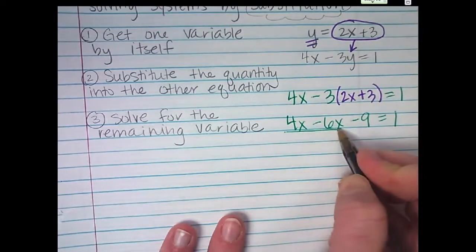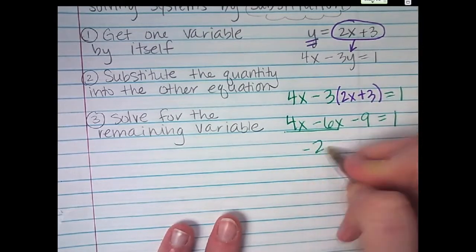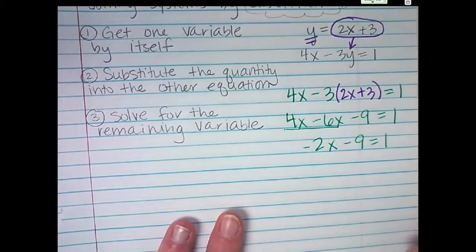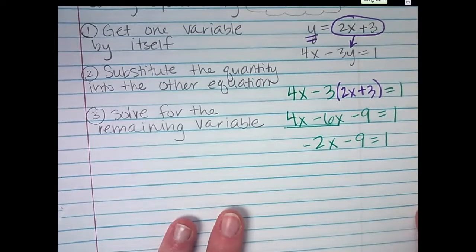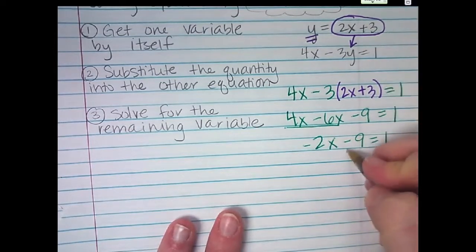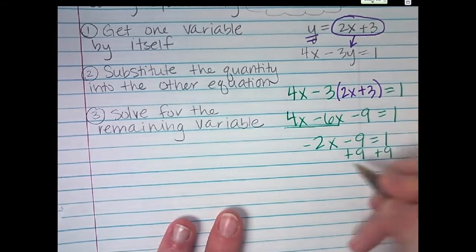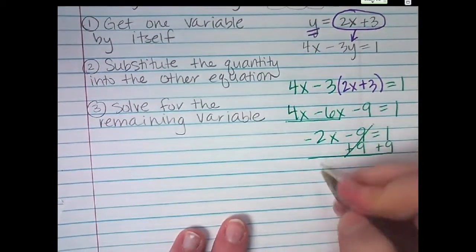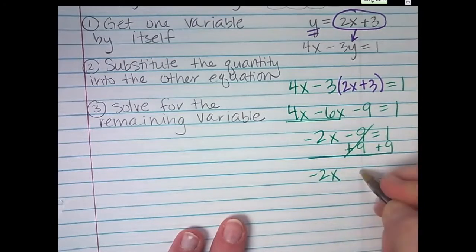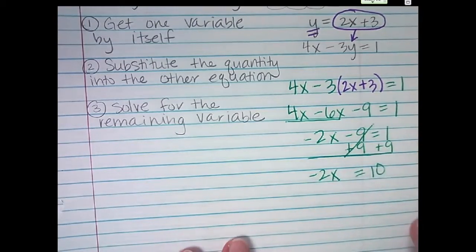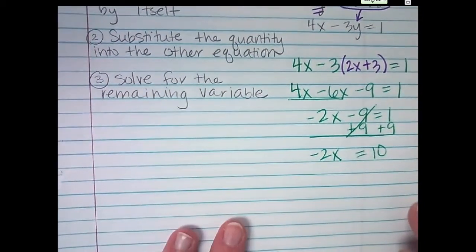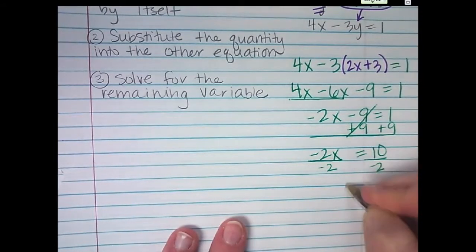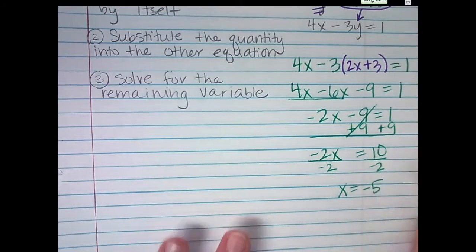So combine like terms. Negative 2x minus 9 equals 1. Add over the 9. So negative 2x equals 10. And how do I solve for x? Divide by negative 2. So x equals negative 5.